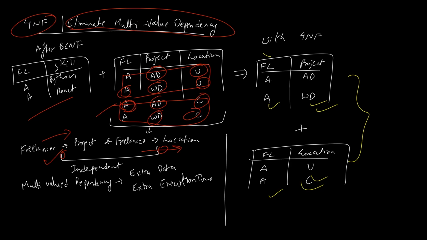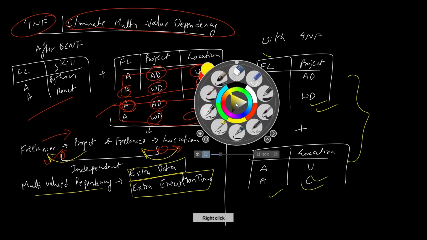Now you can see that because we have duplicates, it's a multi-value dependency. Project is also dependent on freelancer, location is also dependent on freelancer. Because we are storing duplicates, more data is required. Because we have duplicates, more execution time for your queries going through your table is required, right? Going one by one on each row, trying to see if it matches.